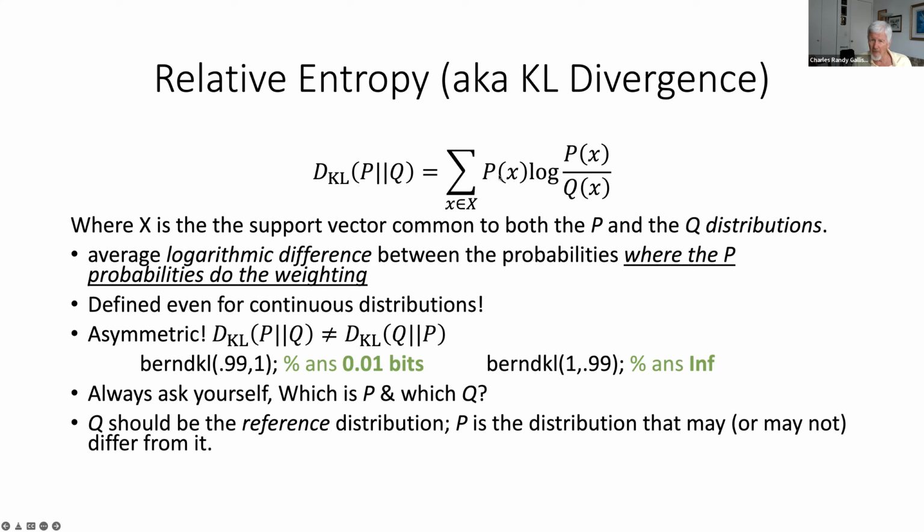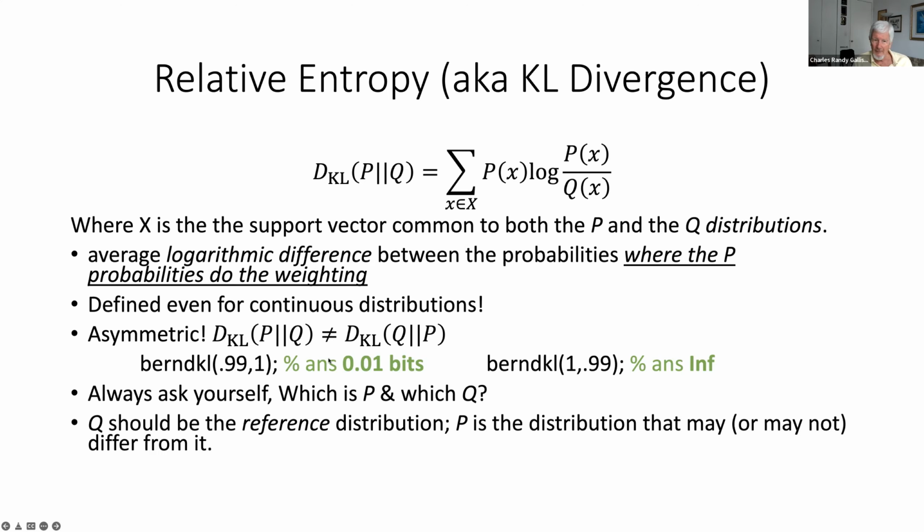So again, it's an average, right? It's a weighted sum. And that's the Kullback-Leibler divergence. Some information theorists consider this more basic than the definition of entropy because this is well defined even for continuous distributions. Here the integral converges.